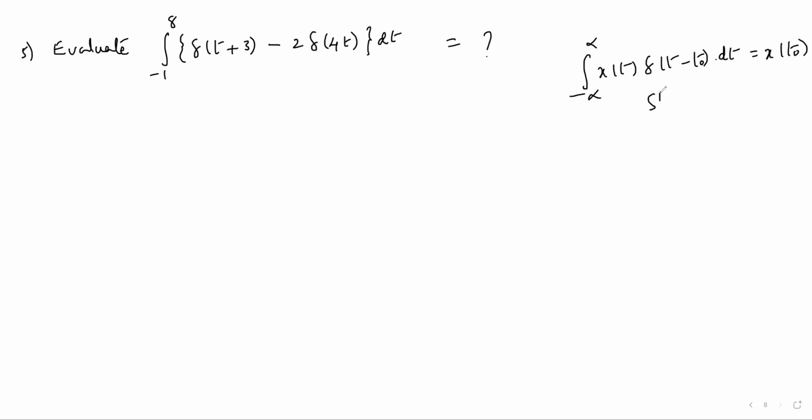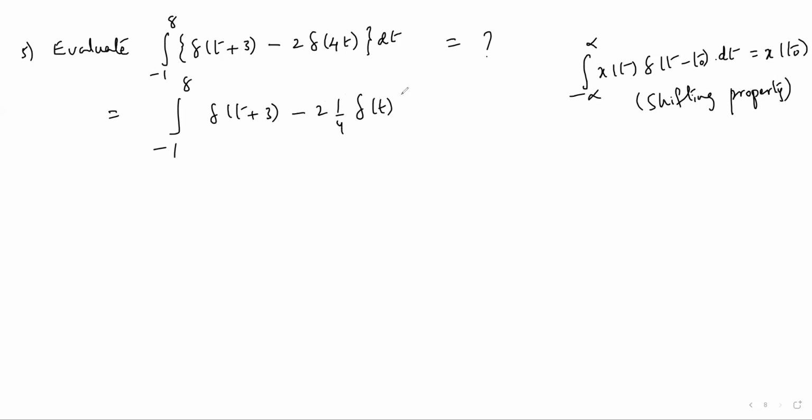This is what the shifting property of the impulse function we have. First, simplify this expression. Minus 1 to 8 del of t plus 3 minus 2 into 1 by 4 del of t dt. So 2 by 2.